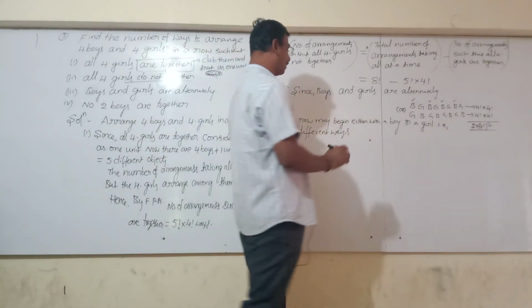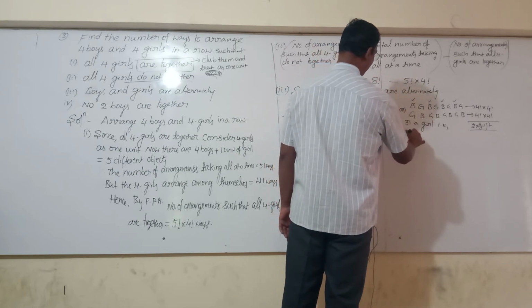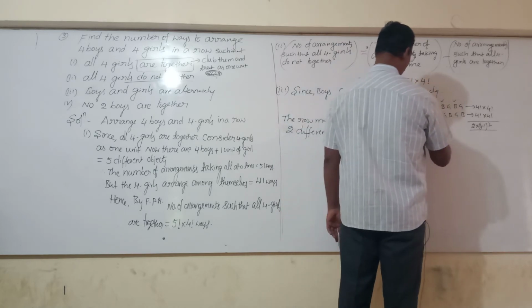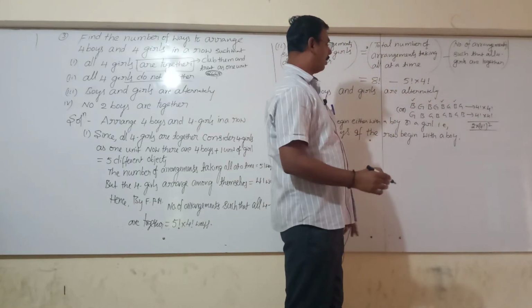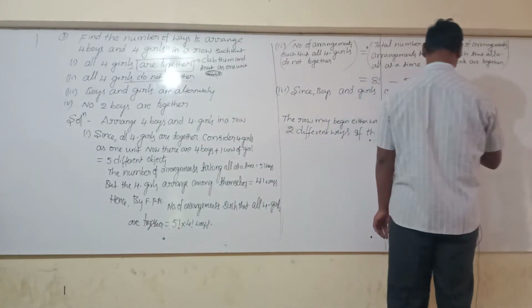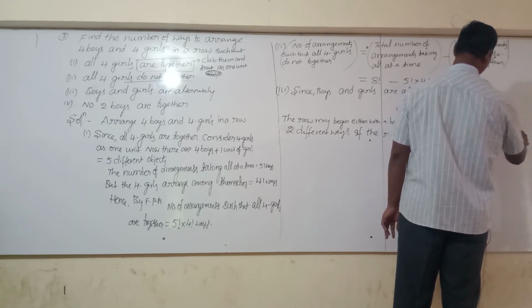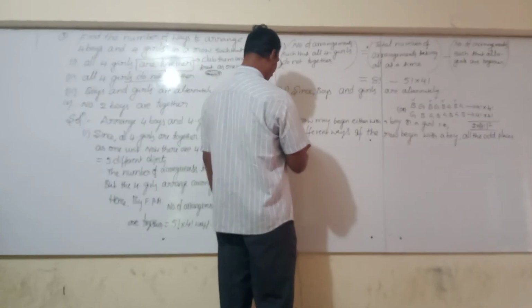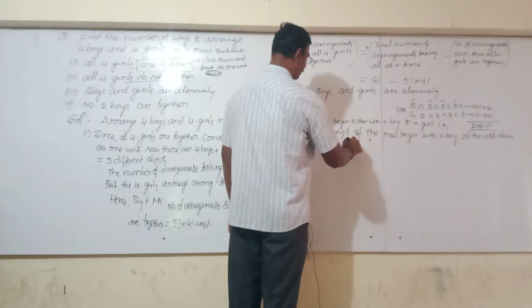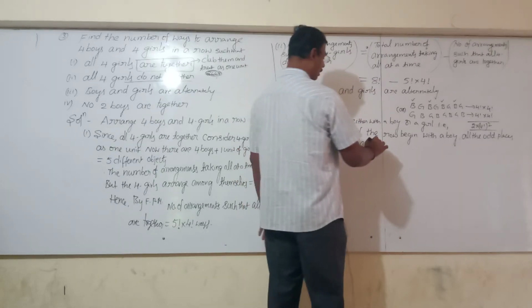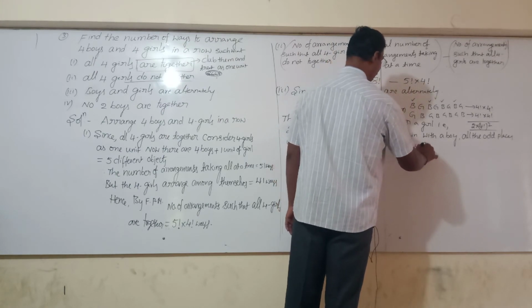If the row begins with a boy, all the odd places are occupied by boys and even places by girls.